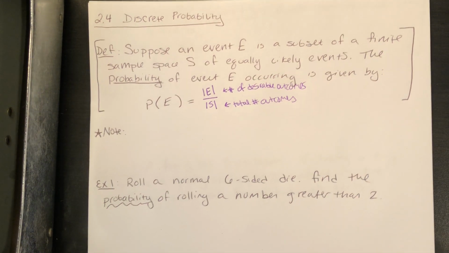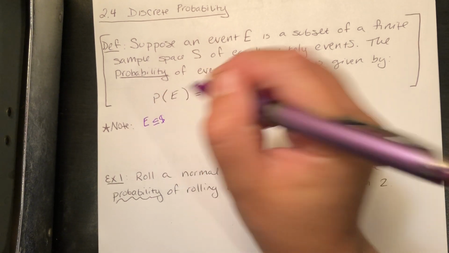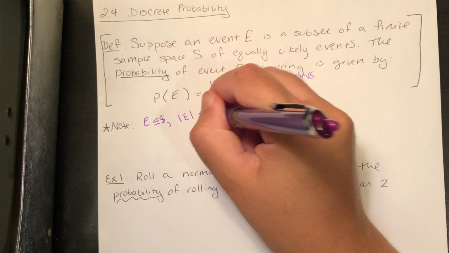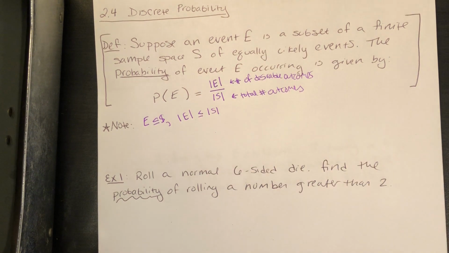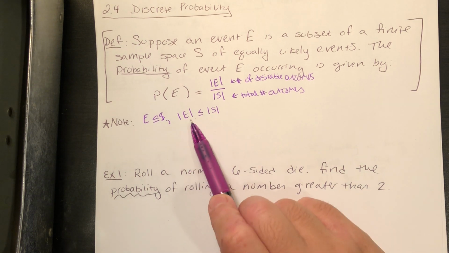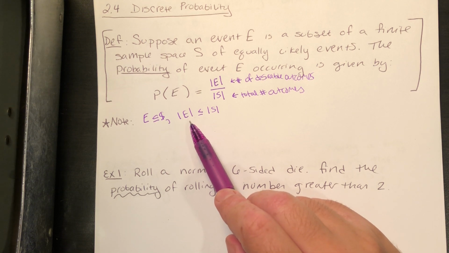Okay, and notice that since E is a subset of S, this means that the cardinality of E is definitely going to be less than or equal to the cardinality of S. And we know that for finite sets, the cardinality is guaranteed to be greater than or equal to 0.